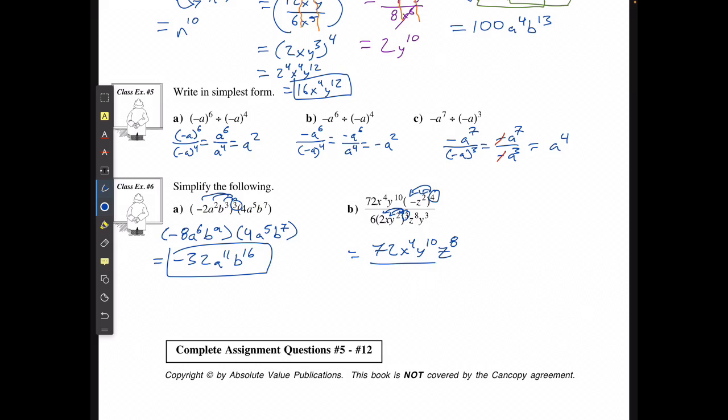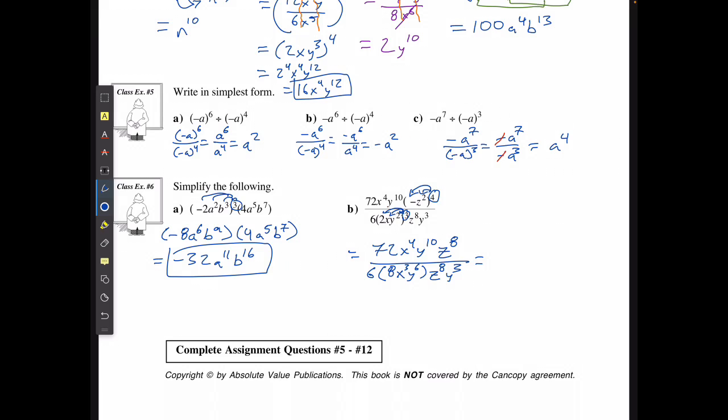On the bottom, I have 6 times 2 to the power of 3, which is 8. X to the power of 3 now, y to the power of 6, z to the 8, and y to the 3.